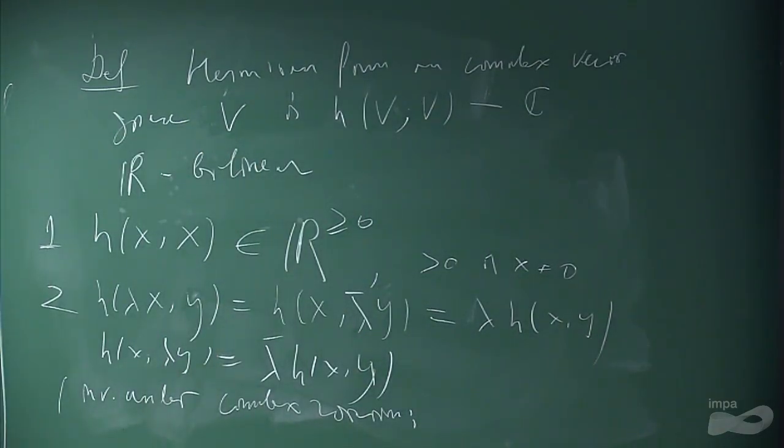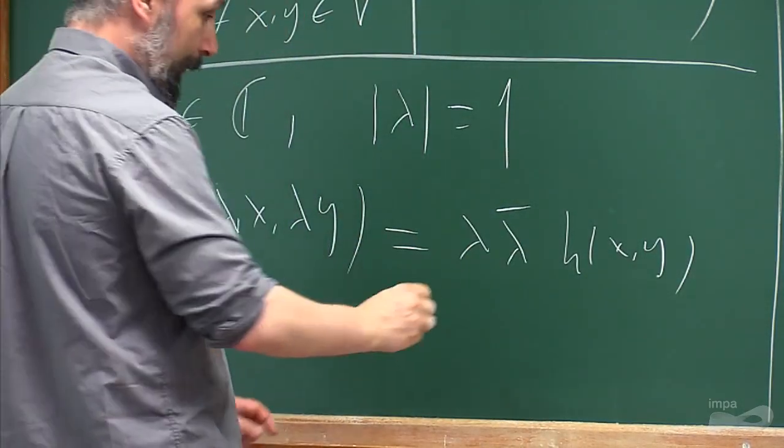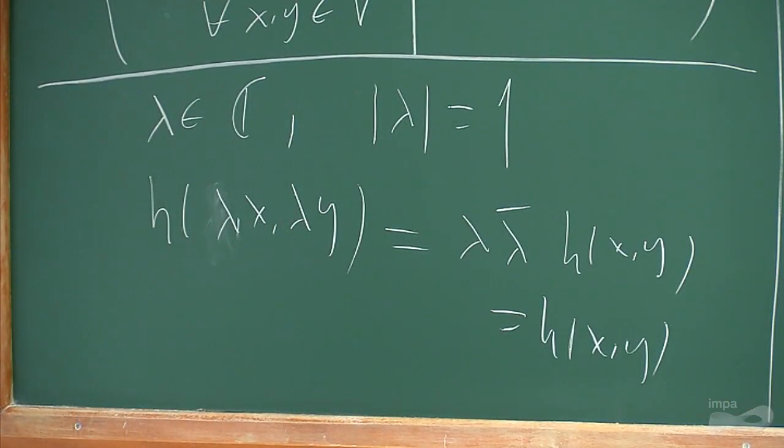If you have a complex rotation, lambda in C, absolute value of lambda equal to 1, then H of lambda X, lambda Y is the same as lambda lambda bar H of X, Y. But lambda times lambda bar is the absolute value squared, so this is the same as H of X, Y. And in fact, you can prove, I'm not going to prove that today, but it's really true that Hermitian metrics are the same as rotation invariant positive definite scalar products.